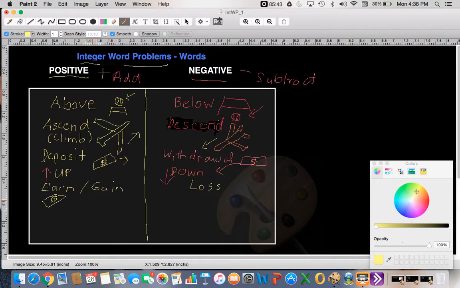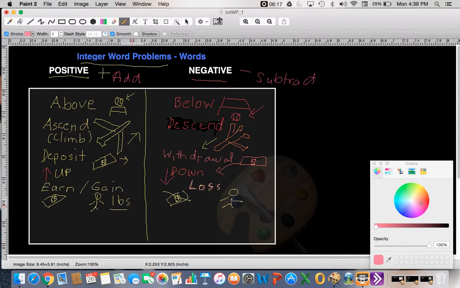Let's say you gain a few pounds of weight, a person who talks about his weight. Or loss, well, you lost your money, or you lost weight.